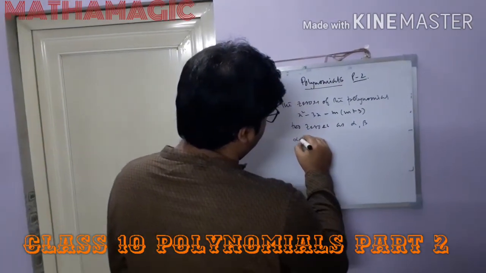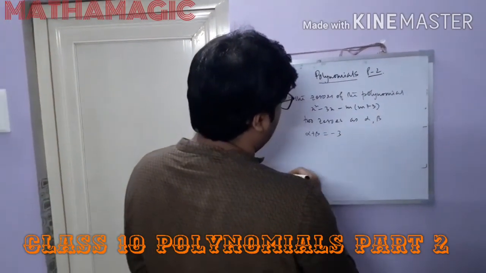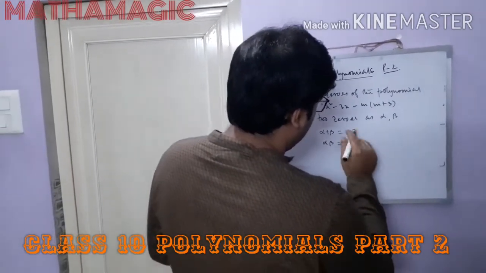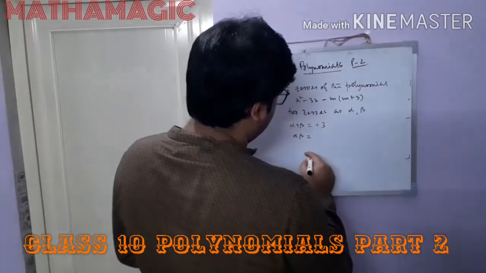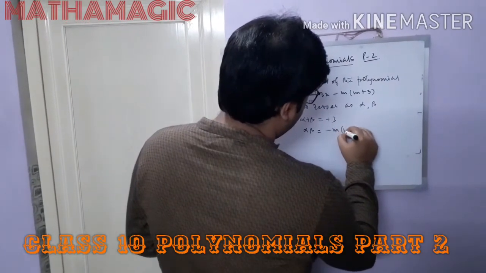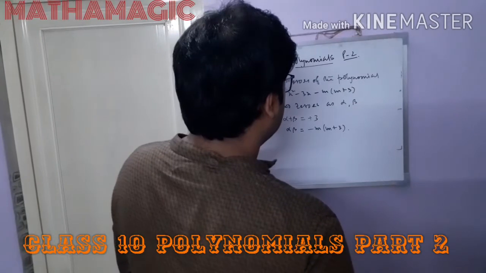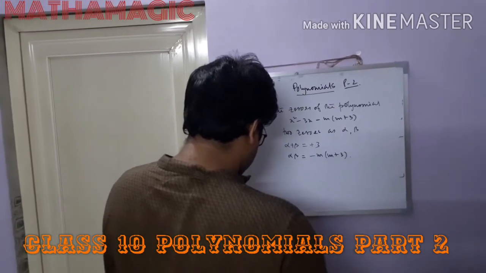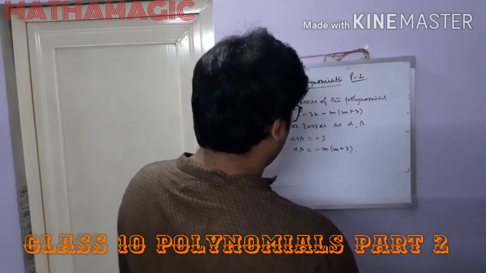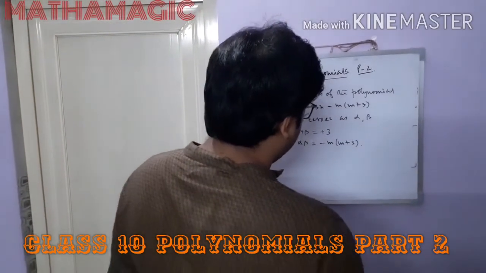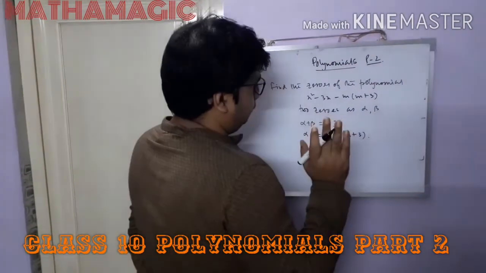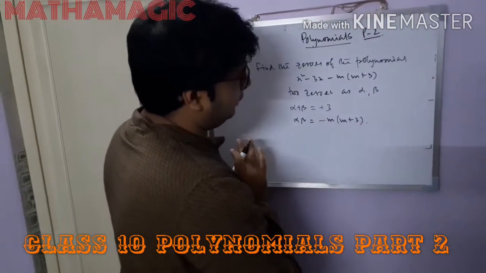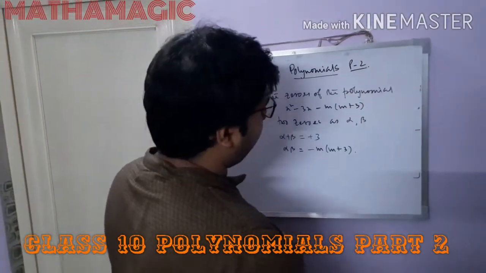So we can easily write that alpha plus beta equals minus of minus 3, that will be plus 3, and alpha beta equals minus of m into m plus 3.